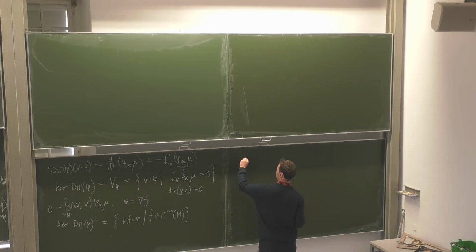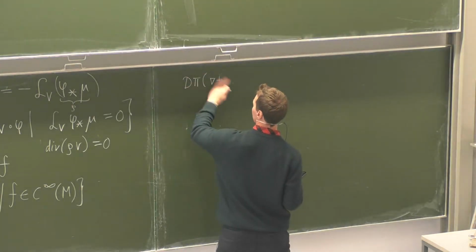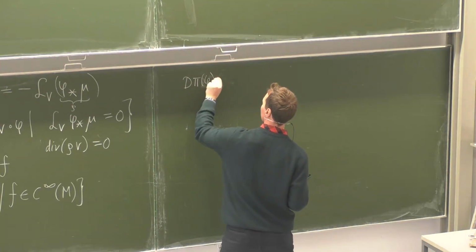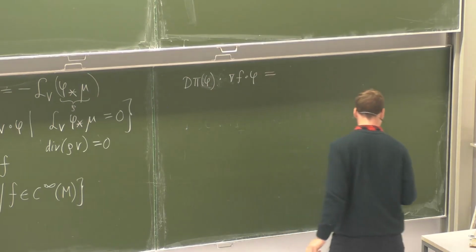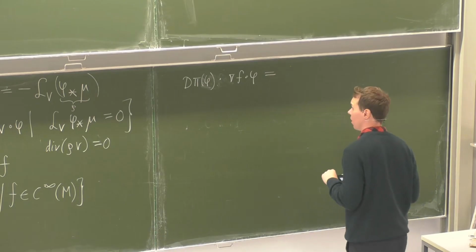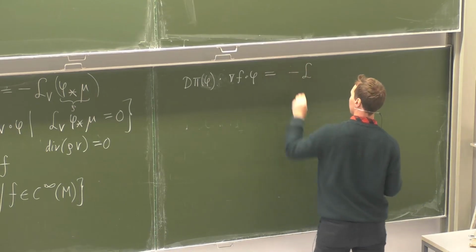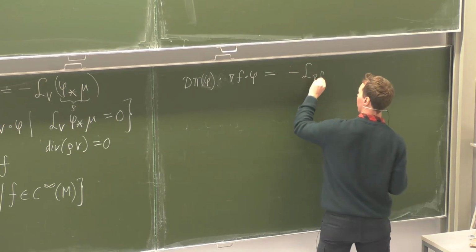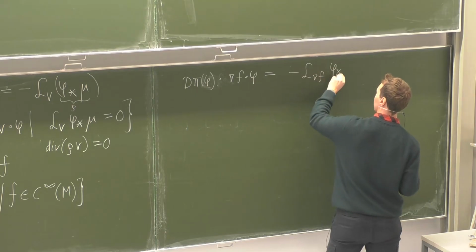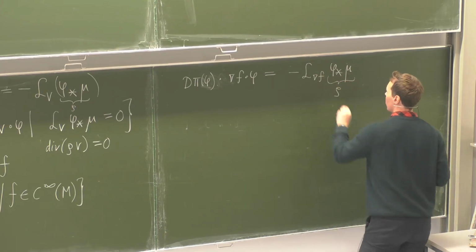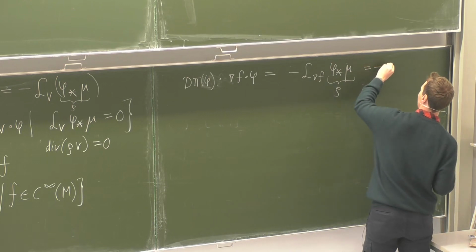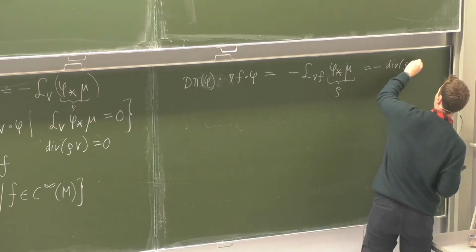So d pi at phi applied to grad f should be equal to minus the Lie derivative, which with rho gives the formula minus div of rho grad f.